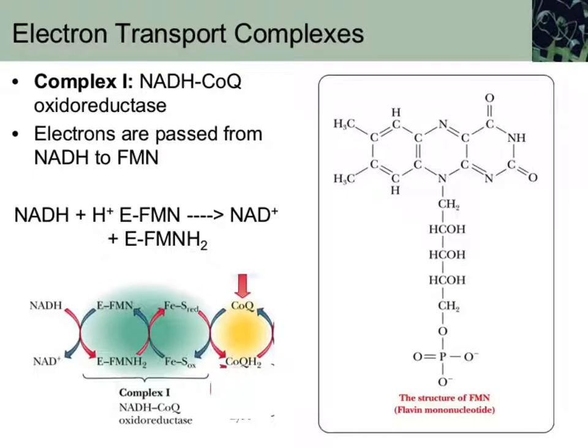Electron transport, that says we're done, aren't we? My clock says I got a minute. Complex 1, and I'm not going to get into it too much. Complex 1 is our NADH CoQ oxidoreductase. Why do we call it oxidoreductase? Oxido sounds like oxidation, reductase sounds like reduction. So in this process, we're doing an oxidation and reduction.